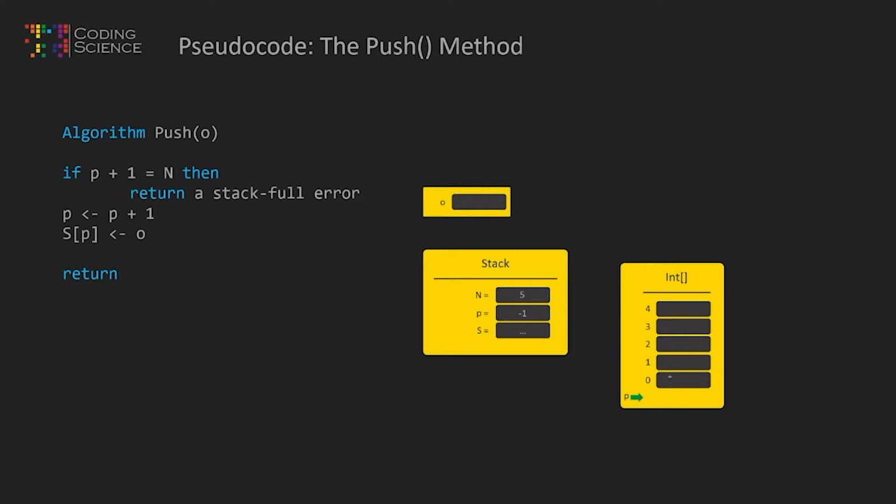And as you can see here, the first element of the array has an index of 0 that works itself up to 4. Now, this is the reason why we start p at -1. I remind you that p is the pointer. It's the pointer that will point at which cell is the latest element in the stack.